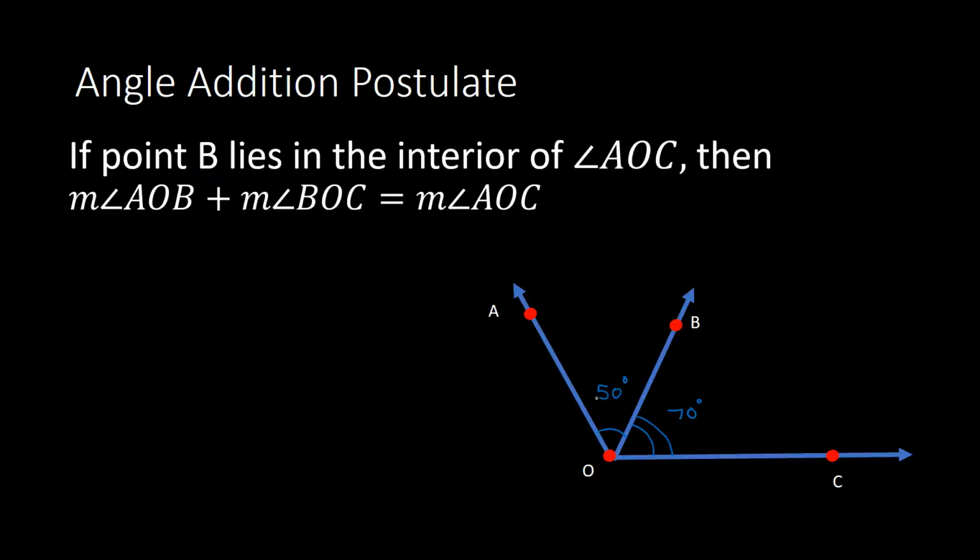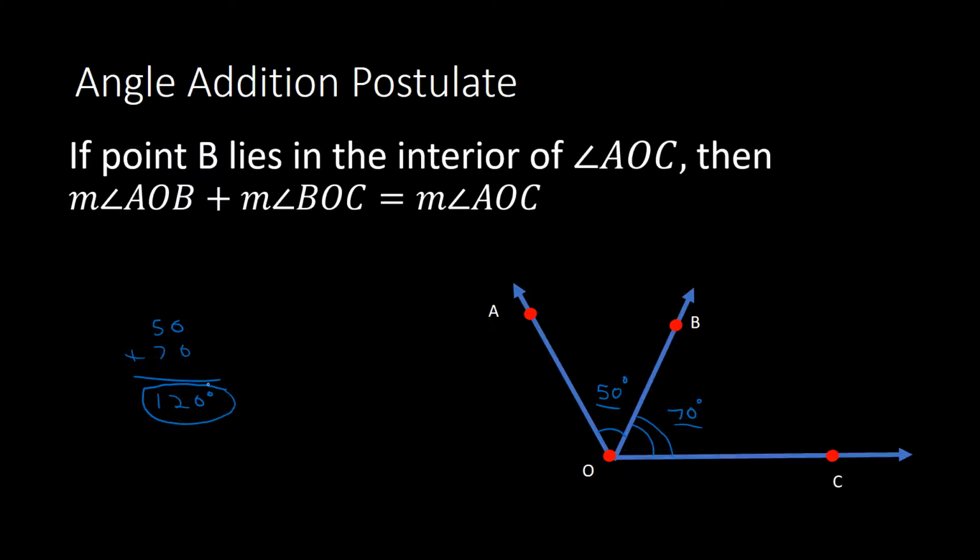The question is, what is the measure of the big angle, angle AOC? If I take the 50 degrees and add the 70 degrees, that's going to give me the measure of angle AOC. So 50 plus 70 is 120 degrees. The measure of the big angle AOC is going to be 120 degrees.